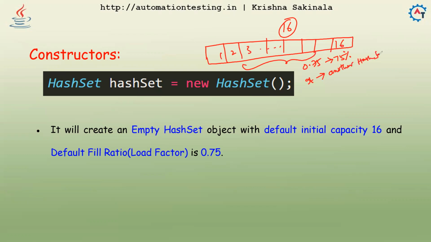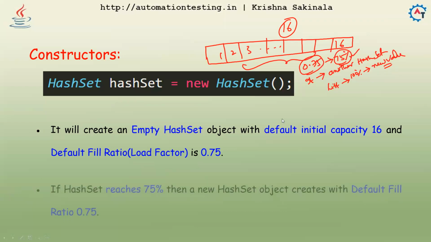In a list, once it completes fully, 100%, then if you try to insert a new value, it will create a new list. But in the HashSet, when it reaches 75% filled, then it will create the new HashSet.